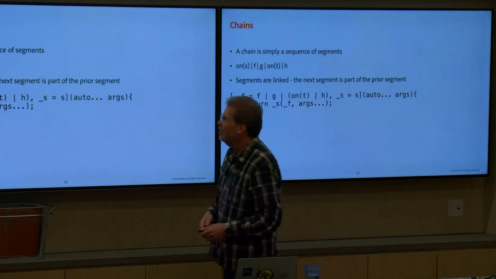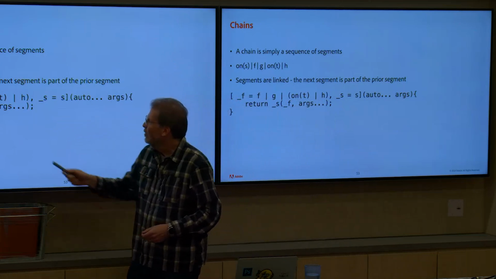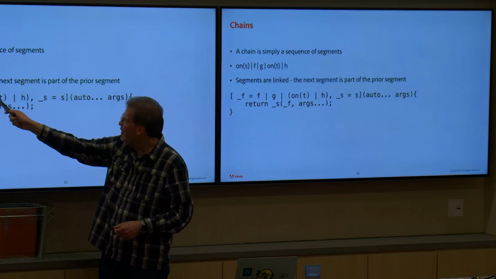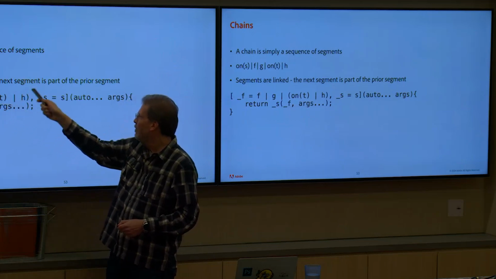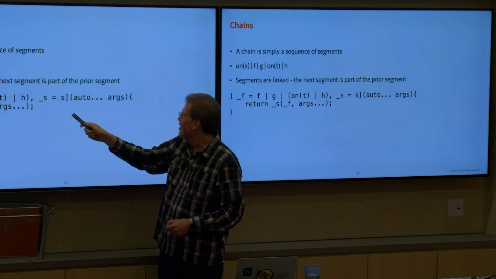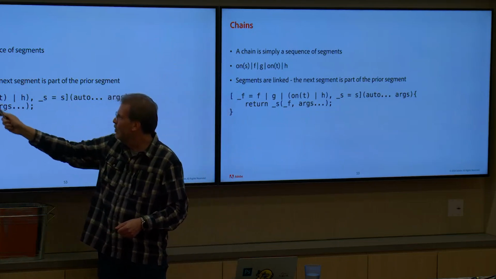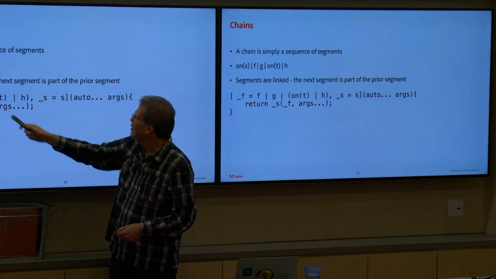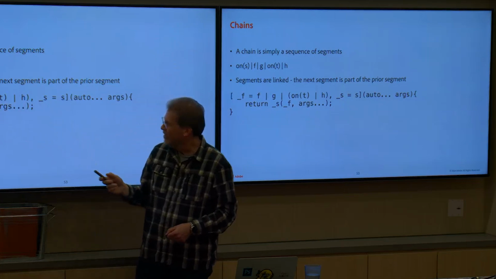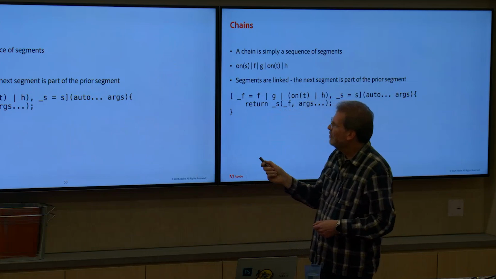So we've written it out as a lambda expression. We're taking F piped to G, piped to on T, piped to H, storing that in SF, and then S is our scheduler, and it takes whatever arguments it takes, and it returns S applied to the stored function and the args. I thought I had cleaned up this example, but apparently not.